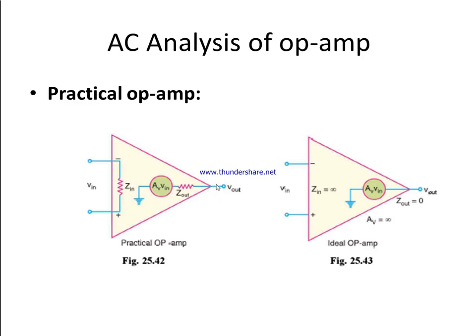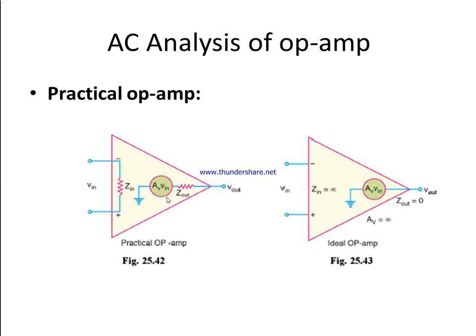The main characteristics of a practical op-amp are: the input impedance ZIN is very high, the output impedance Z out is very low, and the voltage gain is also very high.